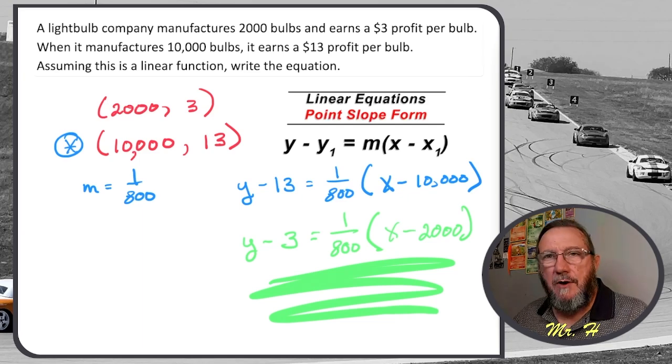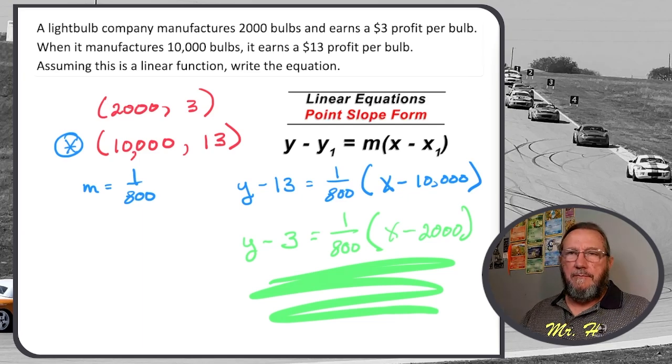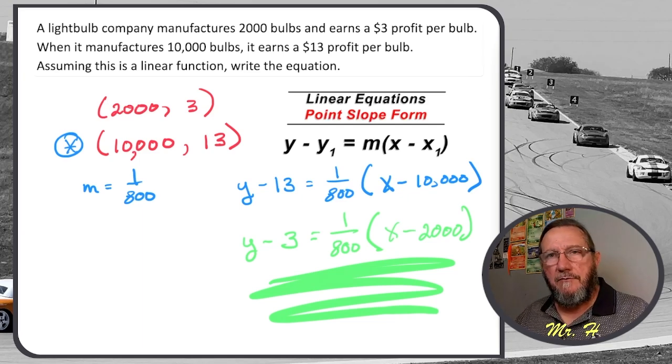Okay, so either of those would be the correct answer for this problem. How'd you do? Hope you're doing well on these problems involving taking a verbal description, essentially a word problem, and creating a linear equation based on the information you're given.